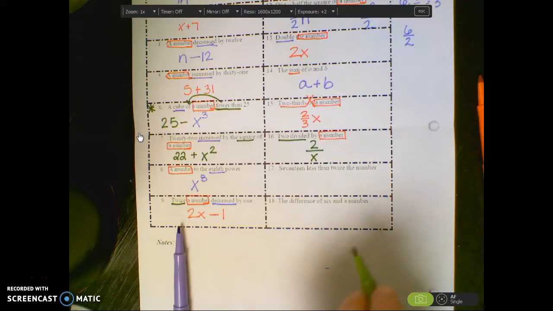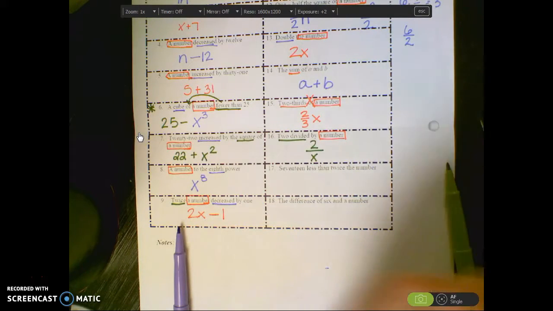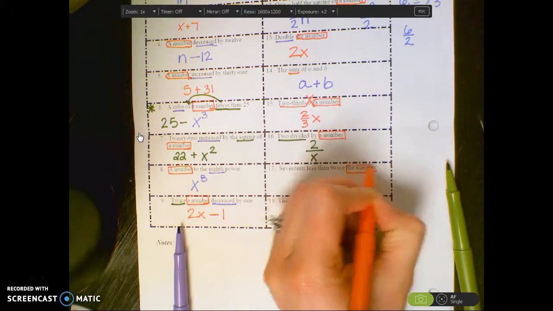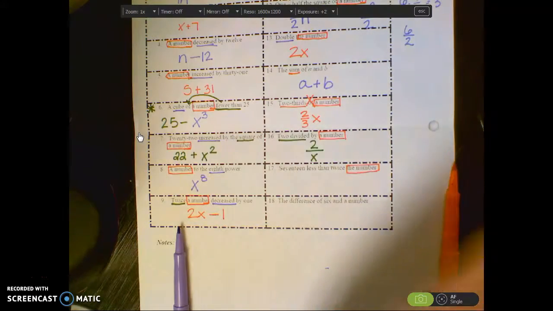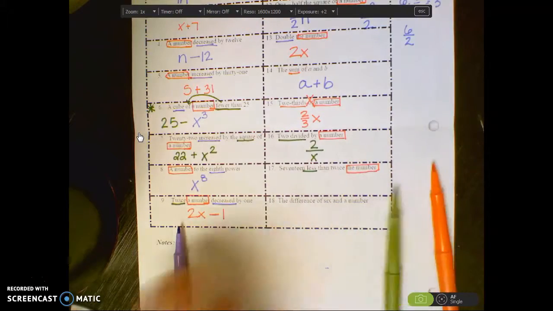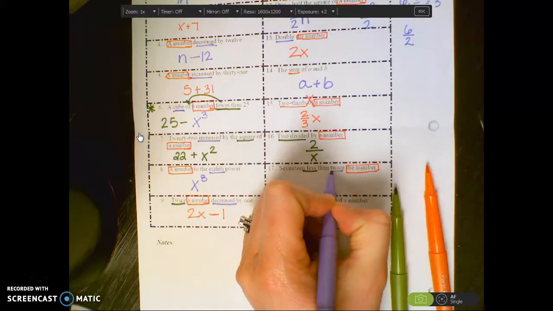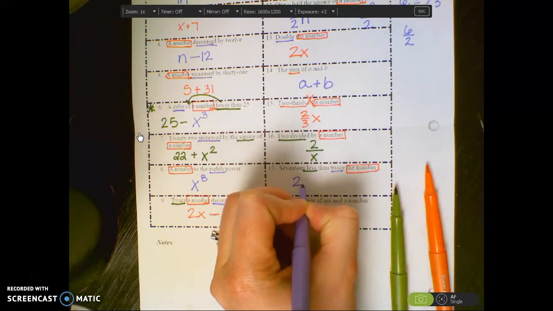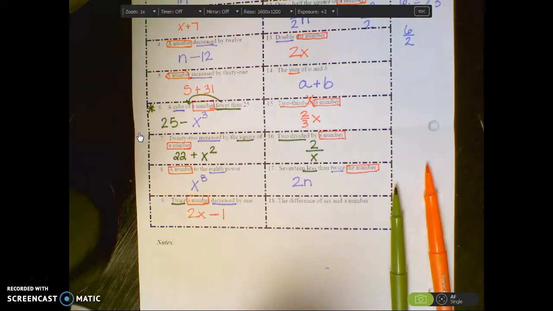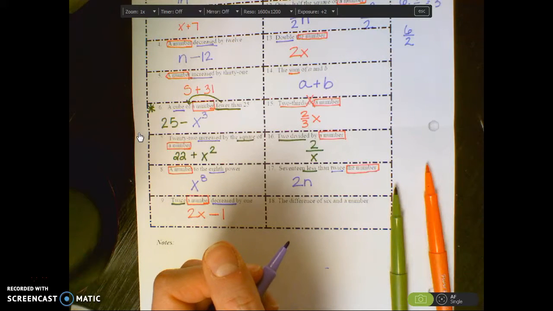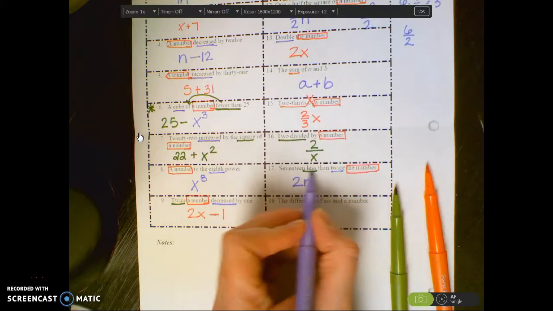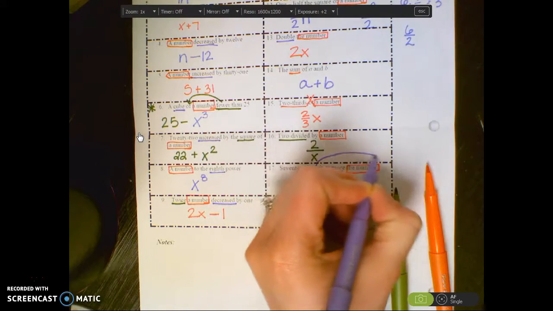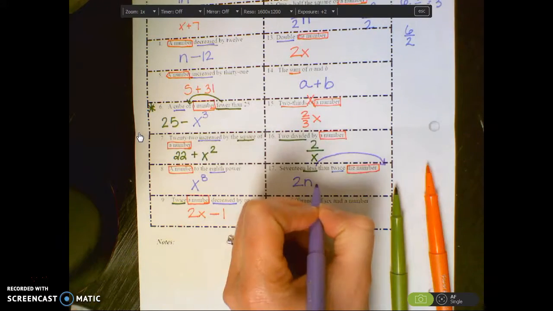Number 17, 17 less than twice the number. The number, less than, twice the number. So we're going to have 2 times the number, and then this less than is a turnaround. Do you see how this one's listed first? You have to turn it around and list it after the number.